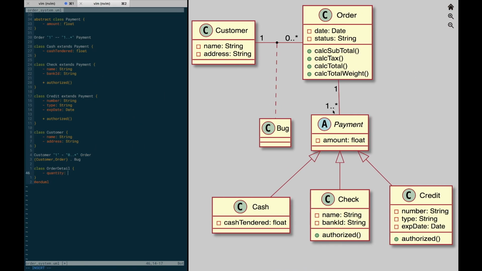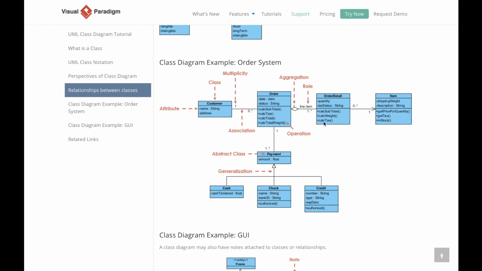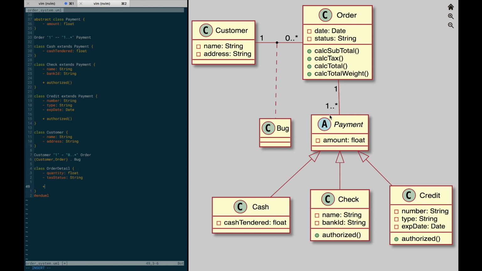I'll probably leave a float here also. Then tags status string. Then for the functions, we have calc subtotal, calc tags, calc weight.